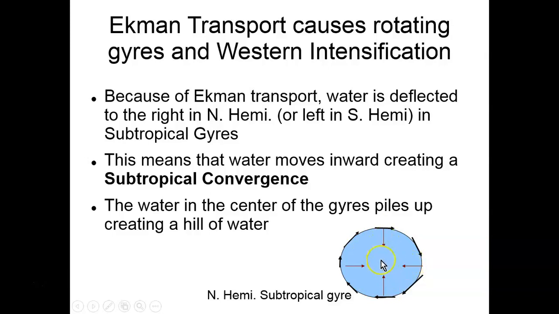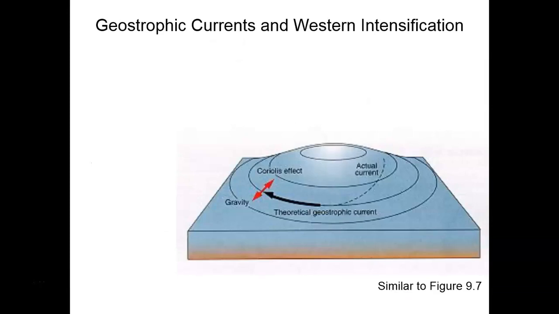The waters are converging in the middle of the gyre, and that actually creates a hill of water. So I'm sure that most of you probably thought the water surface would be flat, other than wave activity. Well, it's actually not. There are actual hills in the water that are created in this way.